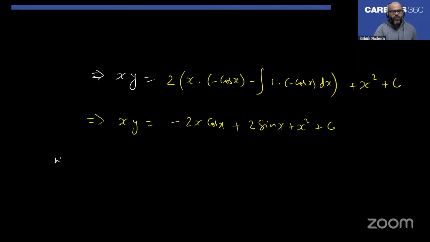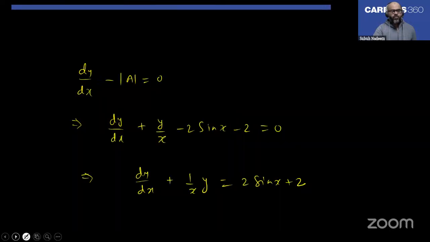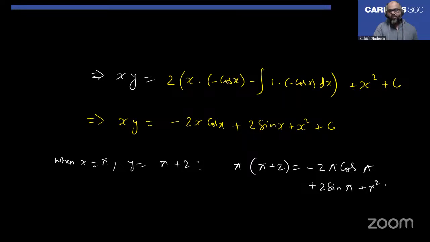So when x is equal to pi, y is equal to pi plus 2. So it is pi into pi plus 2 is equal to minus 2 pi into cos of pi plus 2 sin pi plus pi square plus c.